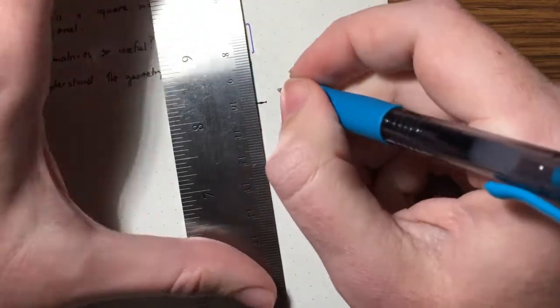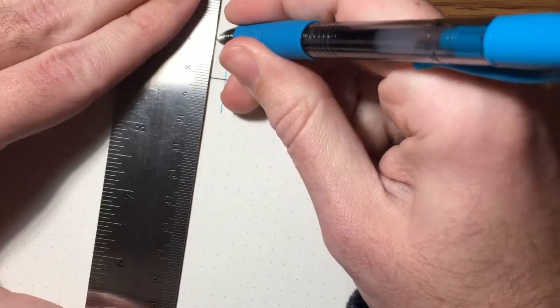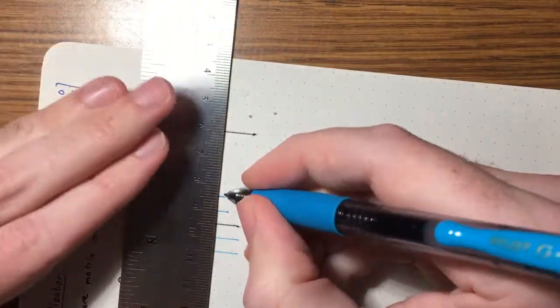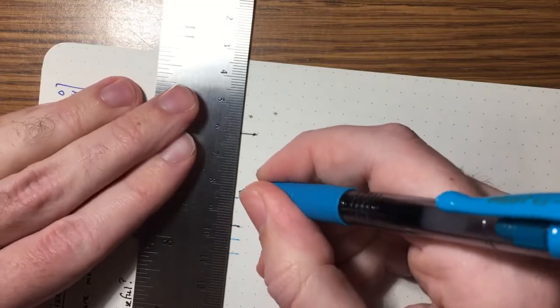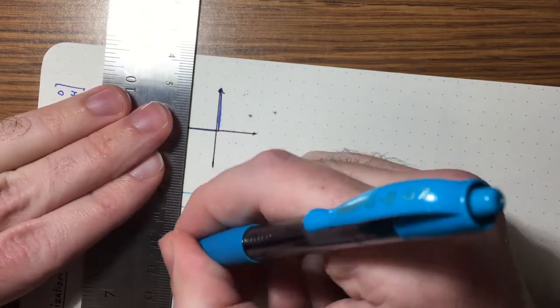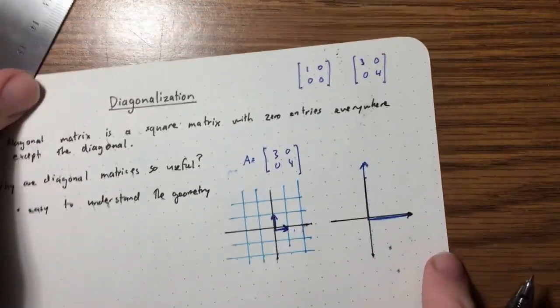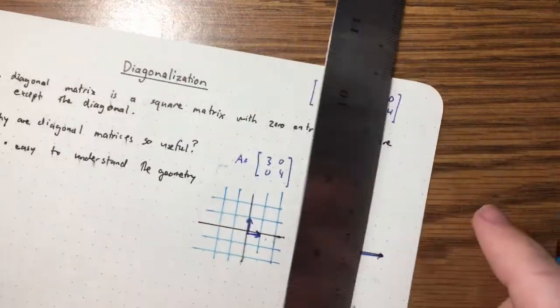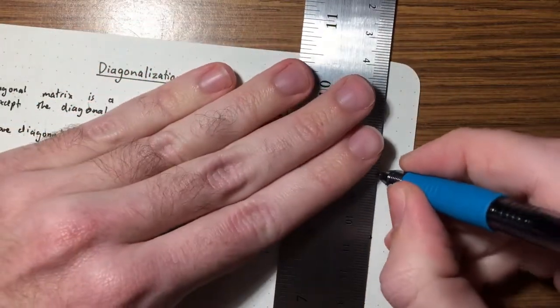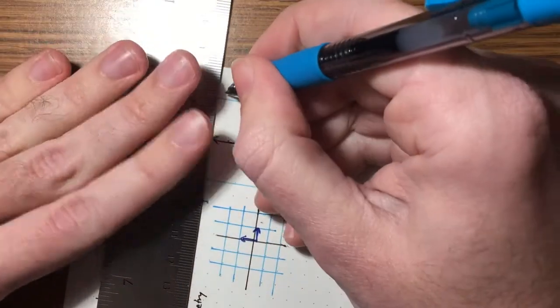Okay. So let me draw out some grid lines just so we can see what's happening. This linear transformation, we can just completely understand what it's doing to the plane. There's nothing unusual going on here. All it's doing is stretching this plane by a factor of 3 in the x direction, and then by a factor of 4 in the y direction. So this grid sort of turns into this larger grid.